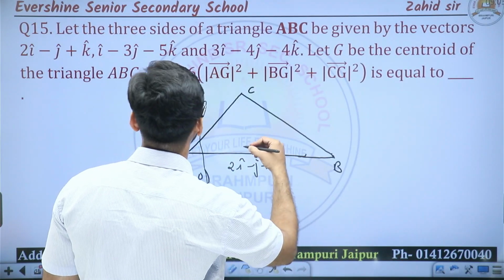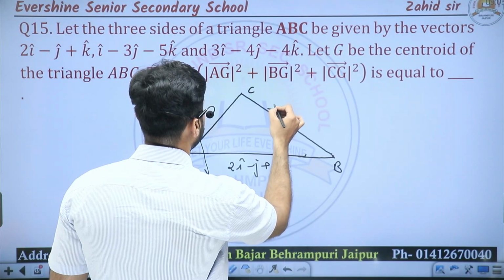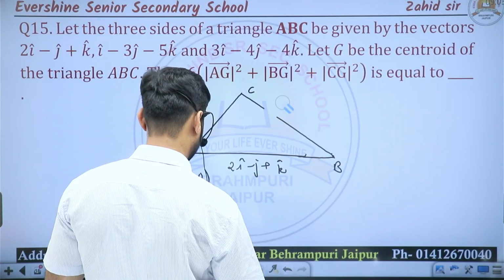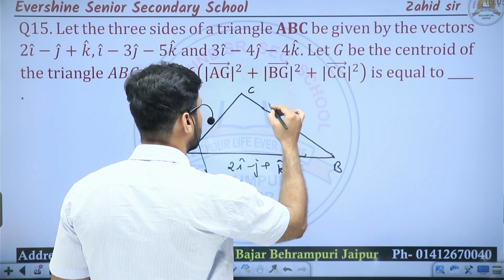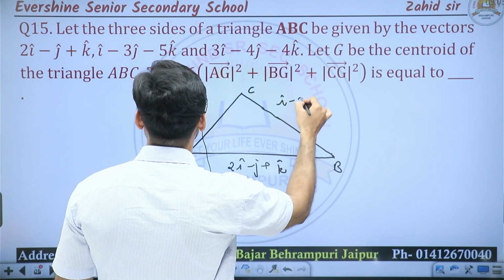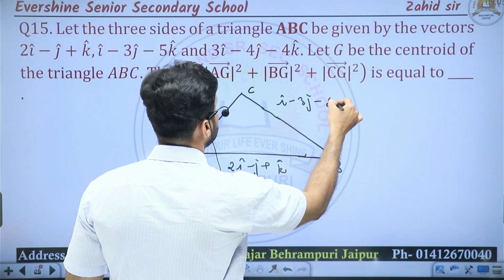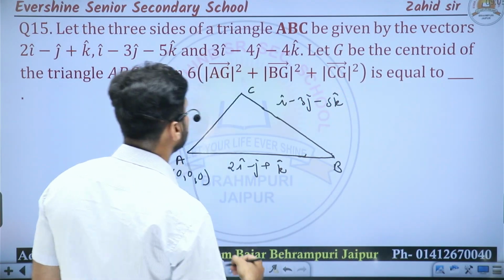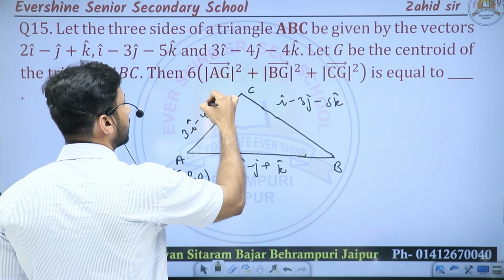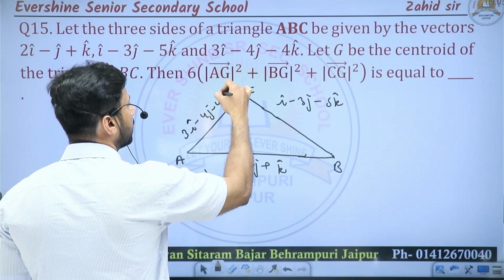The next side BC is given as i cap minus 3 j cap minus 5 k cap, and the third side is given as 3 i cap minus 4 j cap minus 4 k cap.